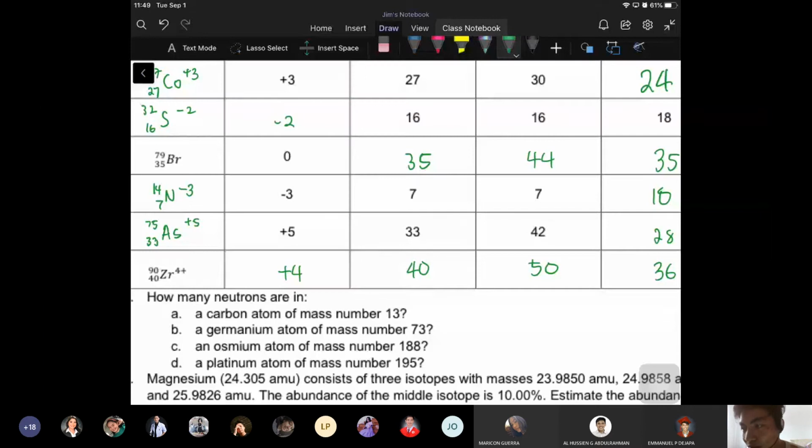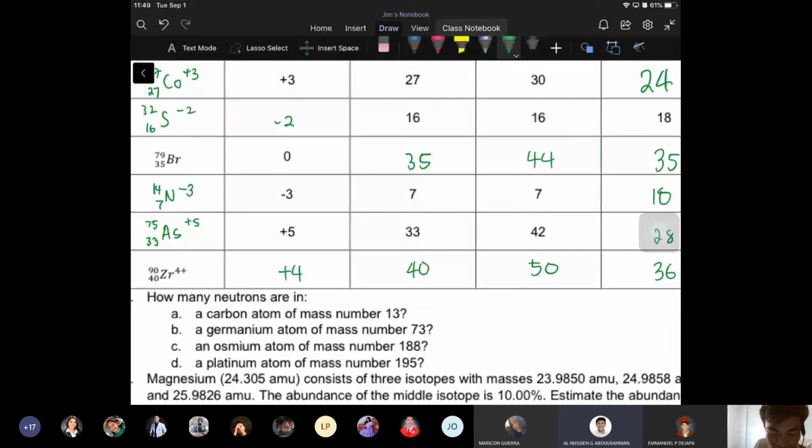Raise na lang ng hand. Si Al Hussein. 6 po, sir. 6 neutrons. Yes. Final answer? Yes po. Ay, tama po. Ay, 7 po pala.